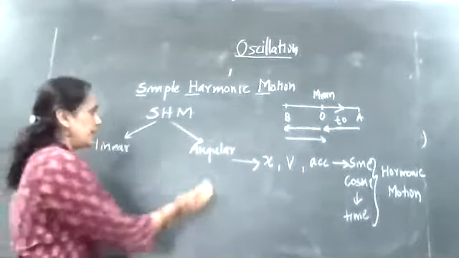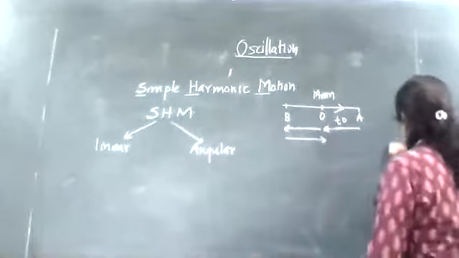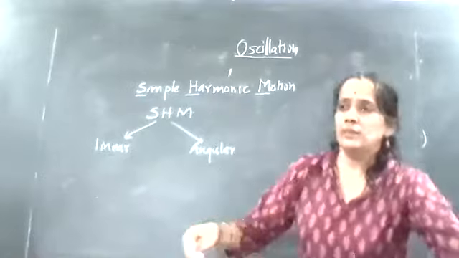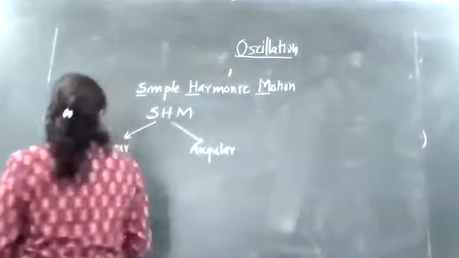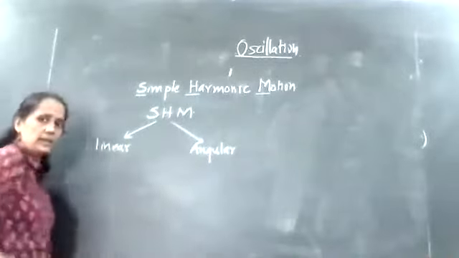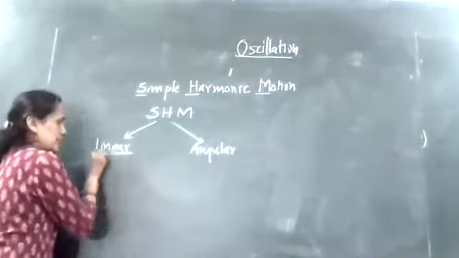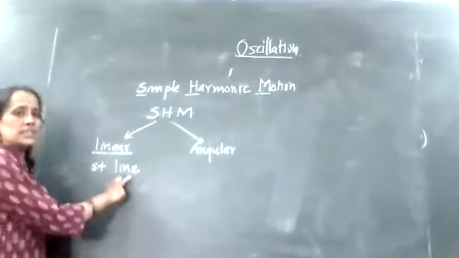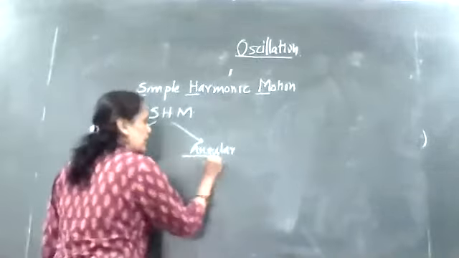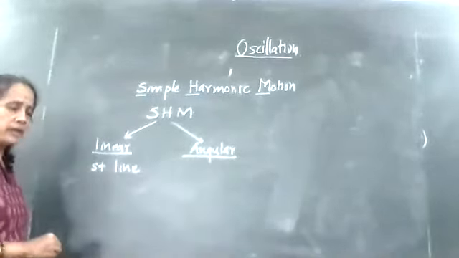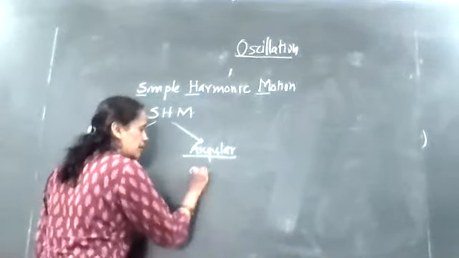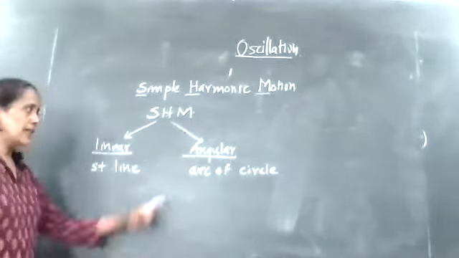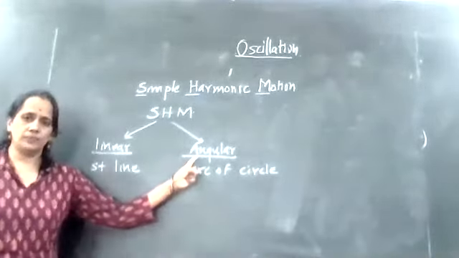In linear SHM, the particle is moving to and fro along a straight line, while in angular SHM, the particle is moving along an arc of a circle. That's why it is called angular SHM.